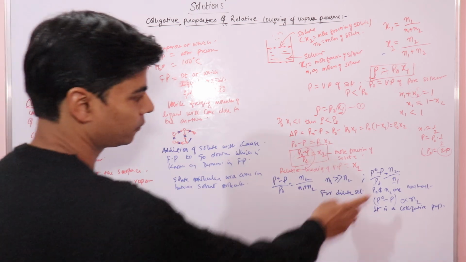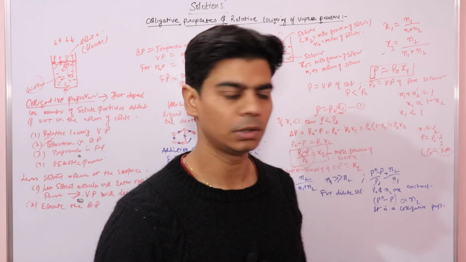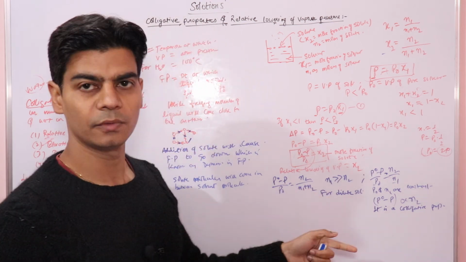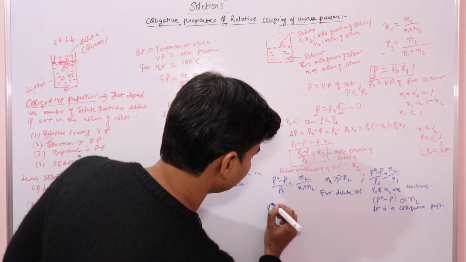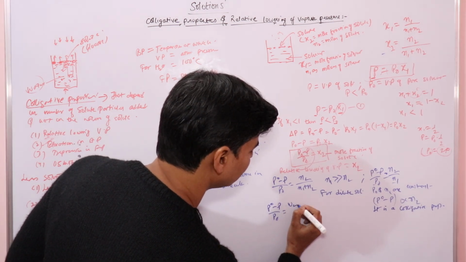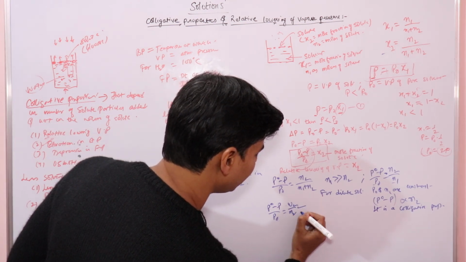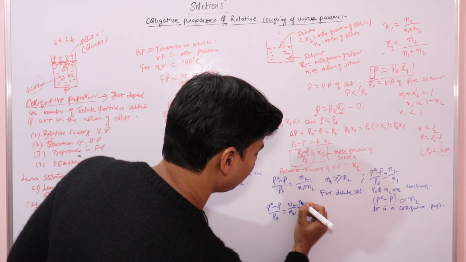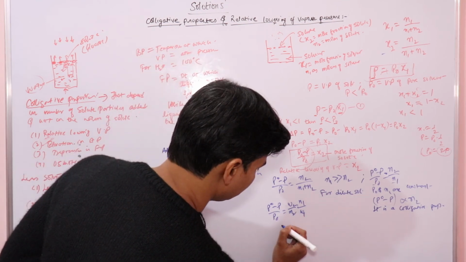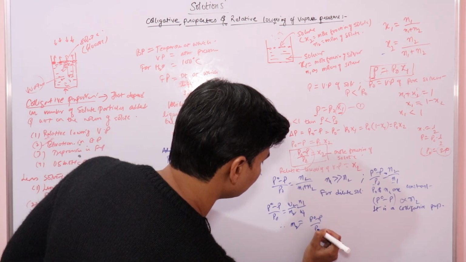We know that number of moles is equal to weight upon molecular weight. If I put weight upon molecular weight here, I can calculate the molecular weight of the solute, right? (P0 - P)/P0 is equal to n2, that is W2 upon M2, and n1 is W1 upon M1. So from here M2 can be calculated.